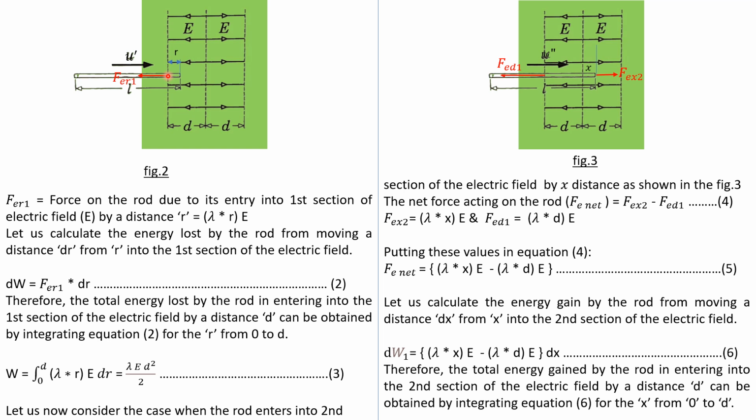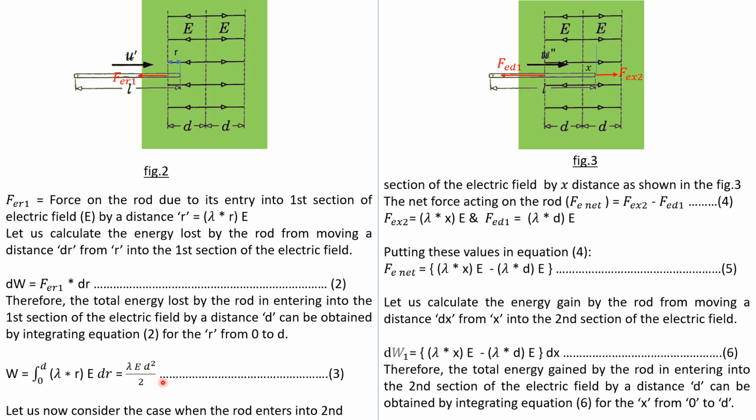So we can calculate the energy loss when the rod just enters the first section of the field and travels a distance till d length. That can be calculated by integrating over r from 0 to d, and we will be getting this equation number 3.